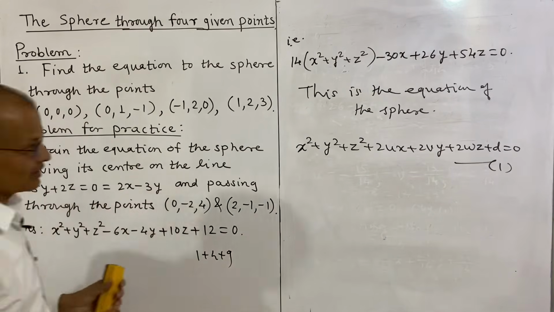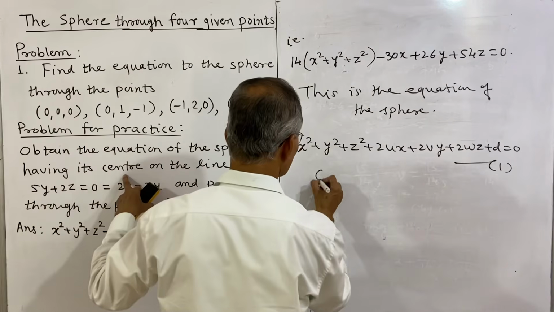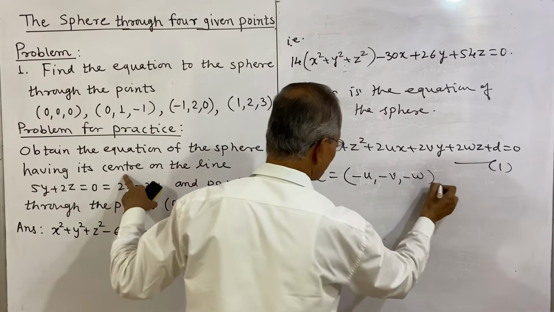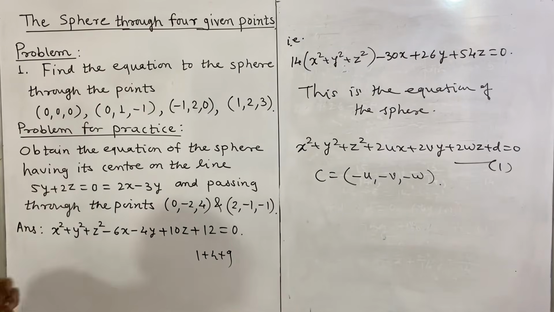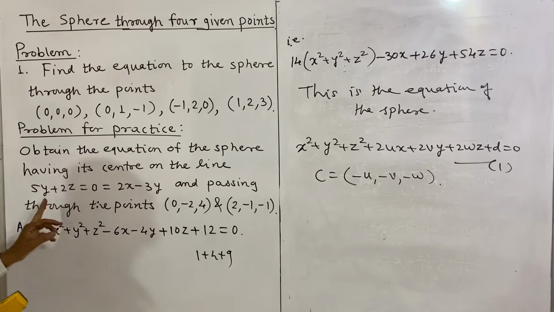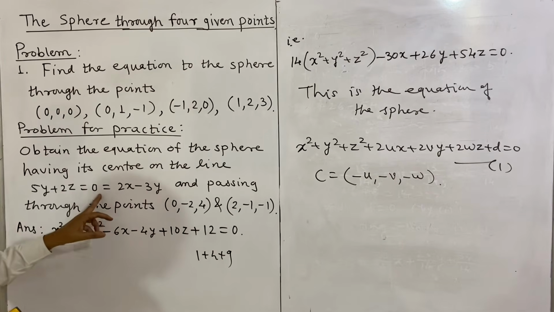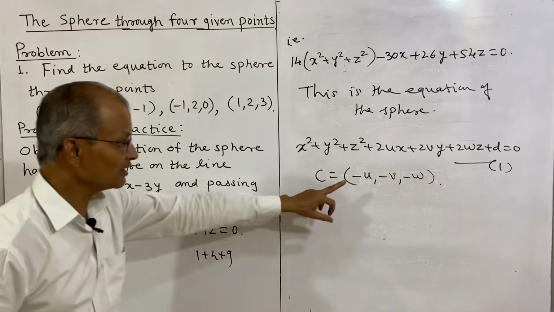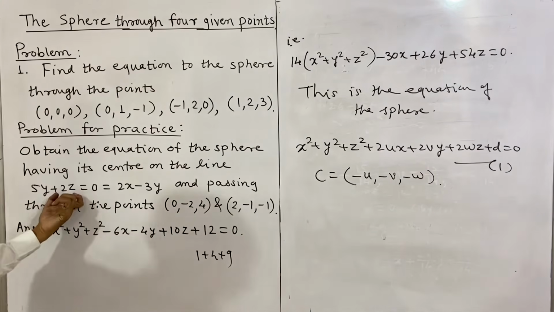Because the condition on the center is given, the center is minus u, minus v, minus w. This is the center of the sphere, and the center lies on this line. The line is in unsymmetrical form: 5y plus 2z is equal to 0 and 2x minus 3y is equal to 0 together are the equation of the line.